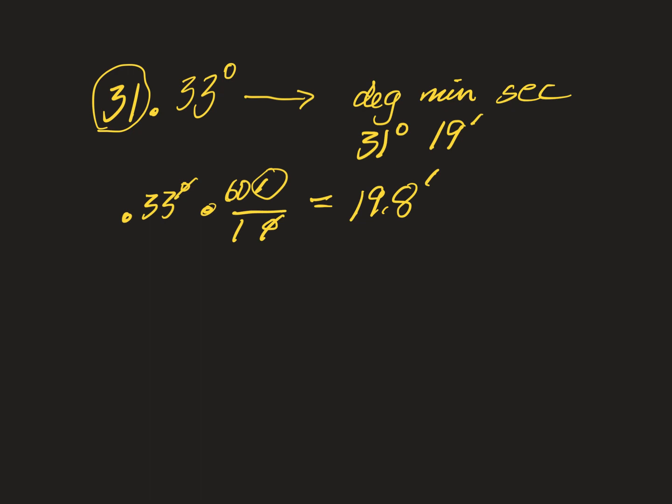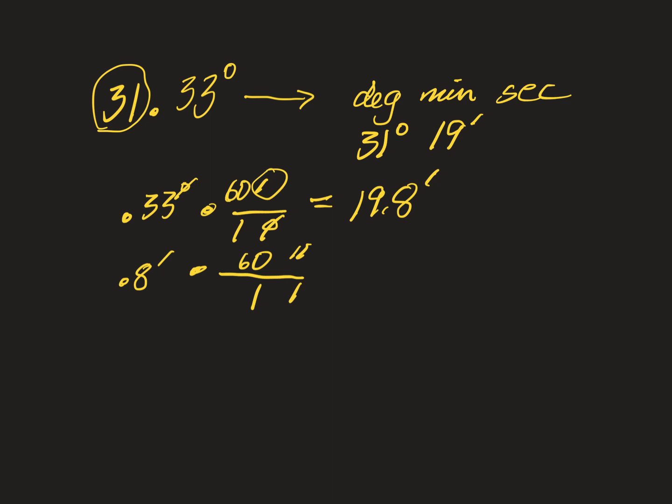0.8 minutes to seconds. So I take 0.8 minutes, and I'm going to multiply that. I want to convert it to seconds, which is in the numerator, and so minutes in the denominator. In very much the same way, there are 60 seconds for every 1 minute, and that's why we end up multiplying by 60.